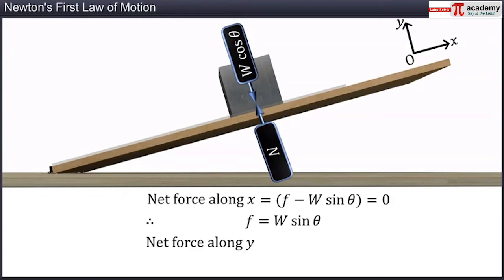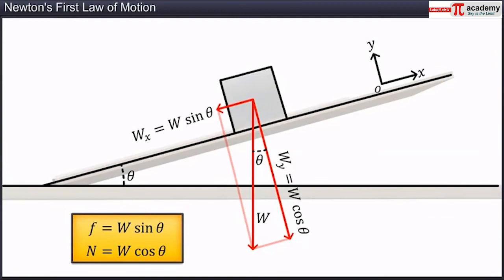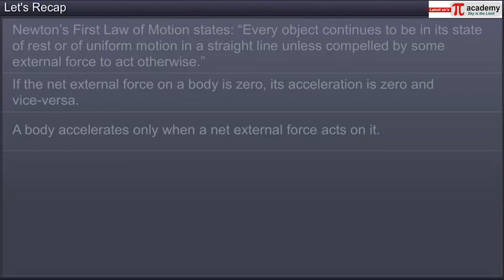We can now write net force is equal to N minus W cos theta, which is equal to 0, or N is equal to W cos theta. We have used Newton's first law of motion to find the value of F and N, which were not known to us. You have now reached the end of this module.